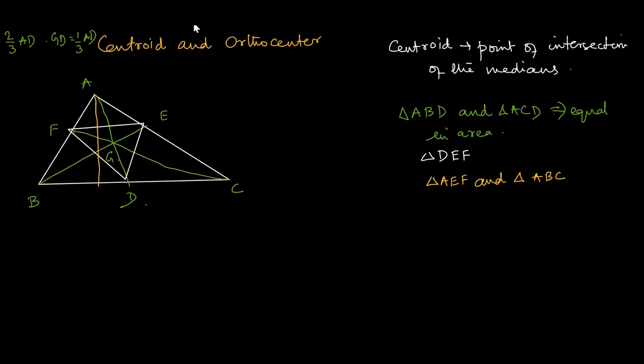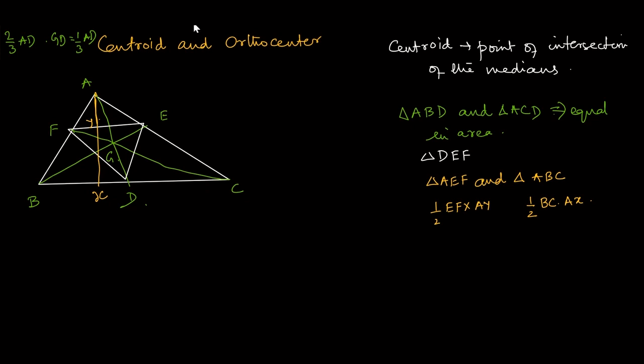So triangle AEF is half of EF into the height of this one, let's say X and Y. So this is half of EF into AY, and triangle ABC would be half of BC into AX, right?